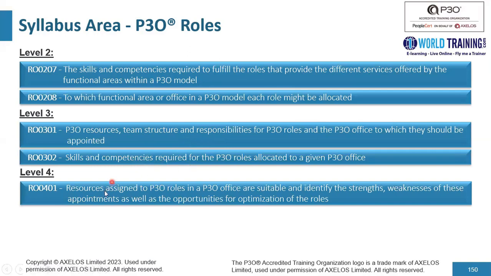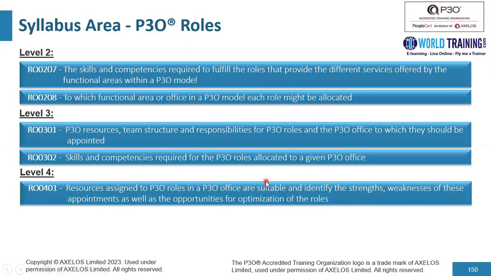And at level 4, we would examine the resources assigned to P3O roles in a P3O office, and whether they are really suitable, and identify the strengths and weaknesses of these appointments, as well as the opportunities for optimization of these roles.